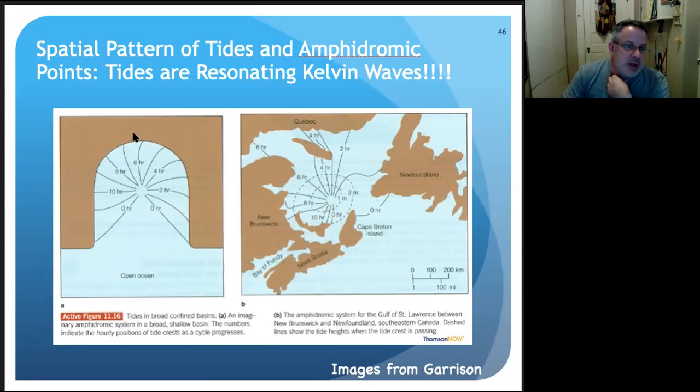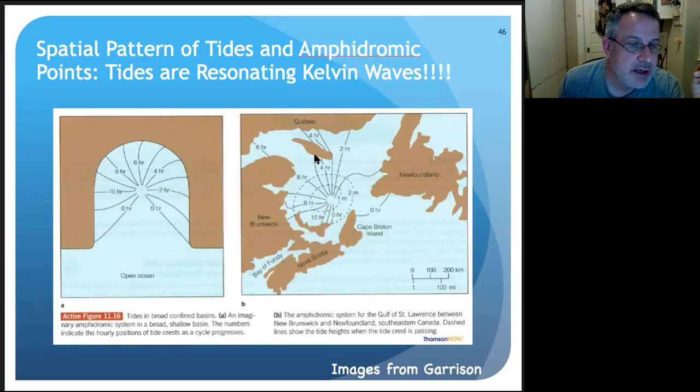When this Kelvin wave goes around and around in exactly a tidal period, you would expect it to get bigger and bigger and bigger if it gets kicked the same tide every time it goes around. So that's the explanation for why the tides in the Bay of Fundy are so strong, is because as this Kelvin wave runs around and around, it gets kicked basically once per tidal cycle.